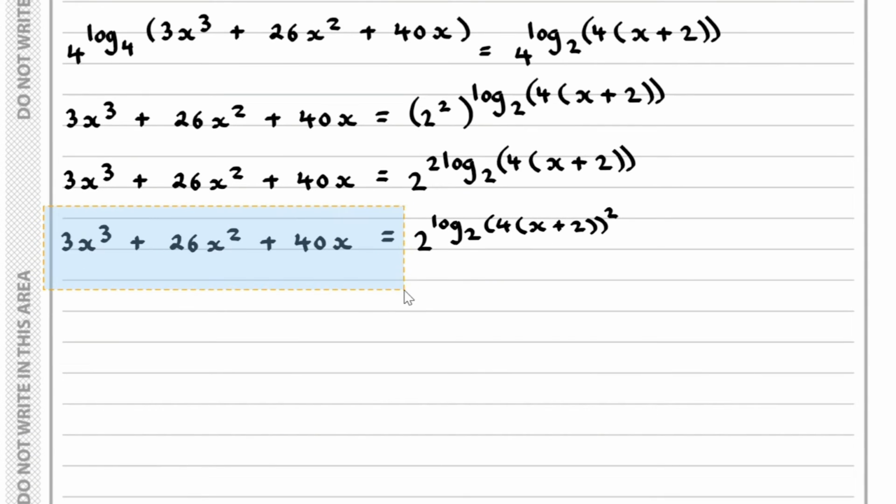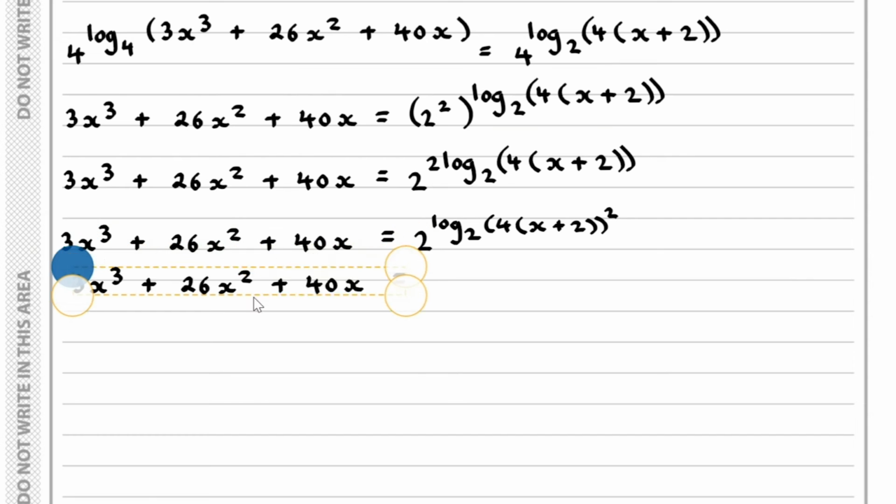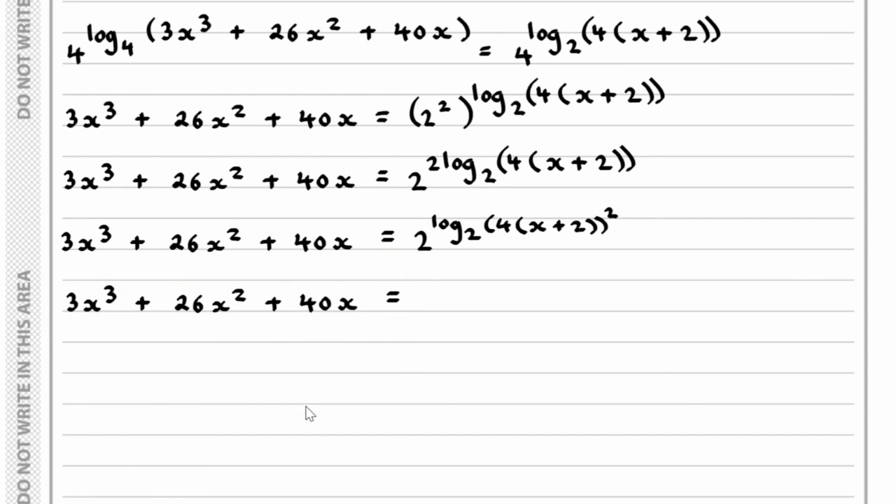So what will I end up with? I've got 3x cubed plus 26x squared plus 40x. The left remains the same, but on the right, I've got 4 multiplied by x plus 2 all squared.